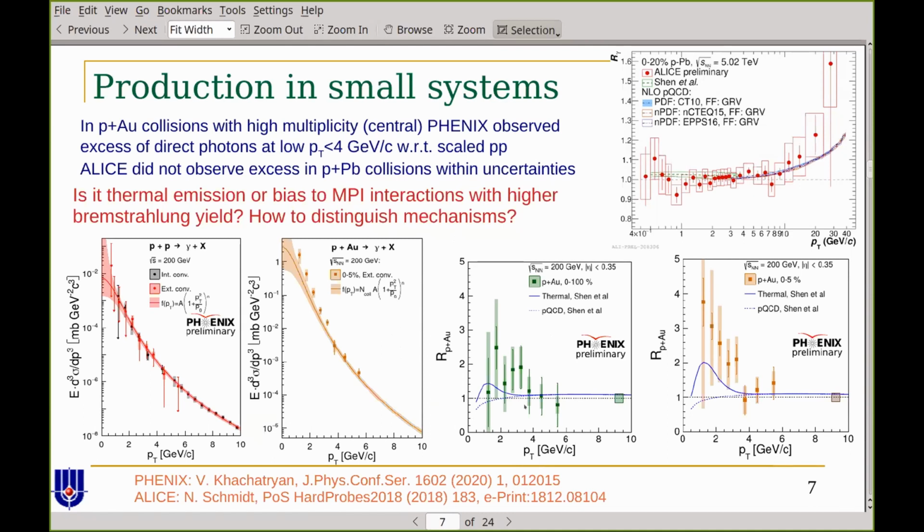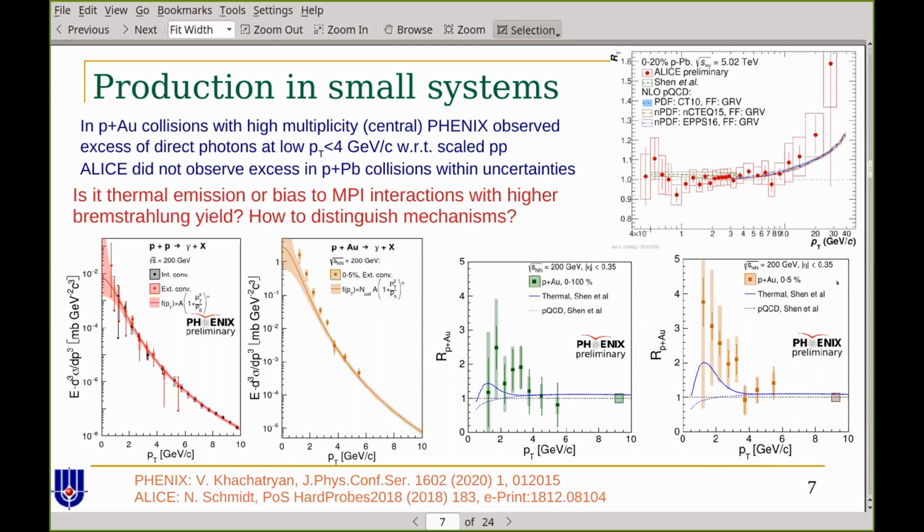So if we do not select events according to multiplicity, this ratio is consistent with unity. But if we select events with the highest multiplicity, this is 0 to 5% of events with the highest multiplicity, we see a strong excess of the number of measured direct photons.